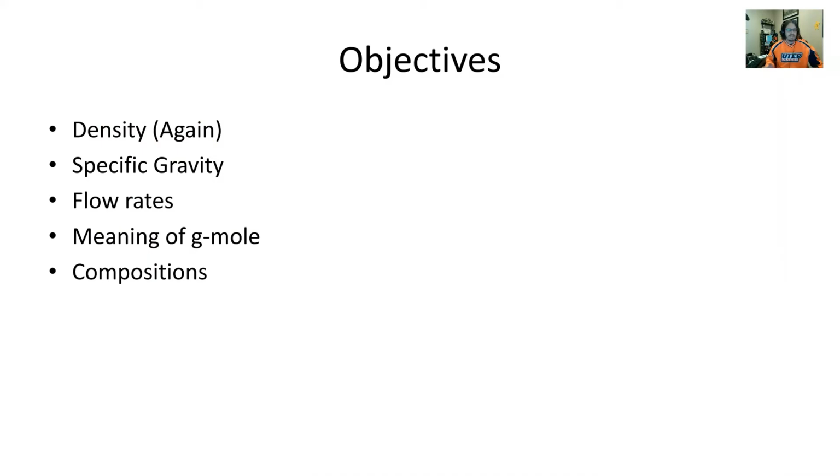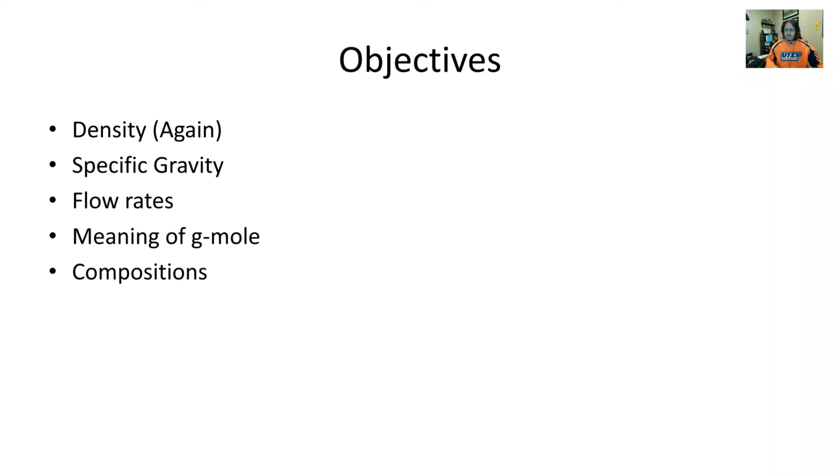We're going to talk about density again, and specific gravity, which follows from density; you saw a way to measure specific gravity in lecture 2. We're going to talk about flow rates, because flow rates become very, very important in solving material balance problems. We're going to talk about the meaning of g-mole, or gram mole, and a little bit about compositions.